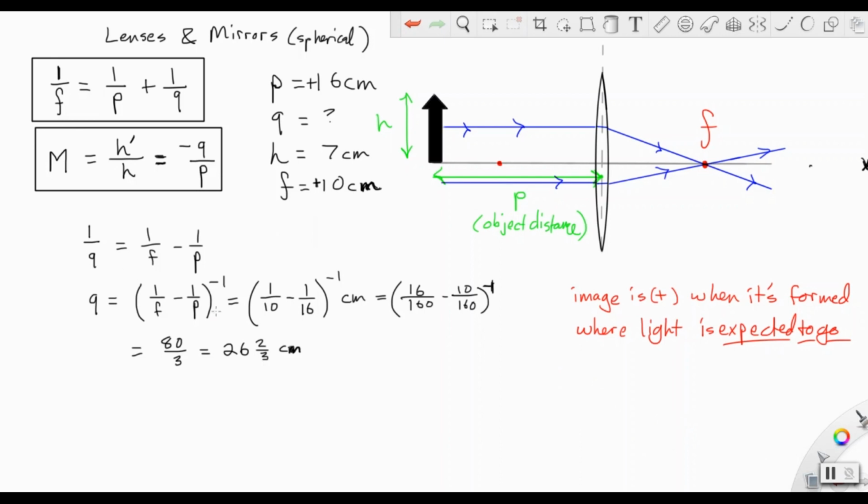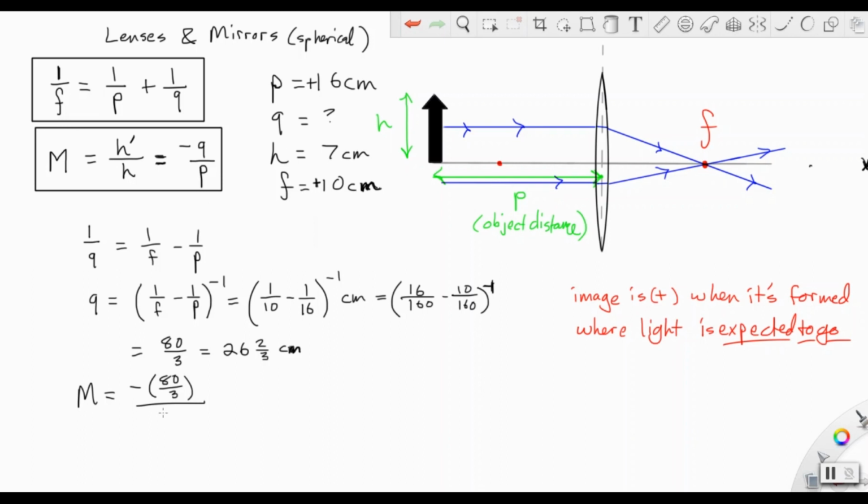What about its magnification? Well, its magnification is going to be equal, according to our equation up here, to negative Q over P. Now this is where you have to be careful about negative signs, because if we have a negative Q, we need to put a negative of a negative. But we do not have a negative Q, we have a positive Q, so it's going to be negative 26, or you know what, let's say negative 80 over 3, I like that a little better, over P. What's P?